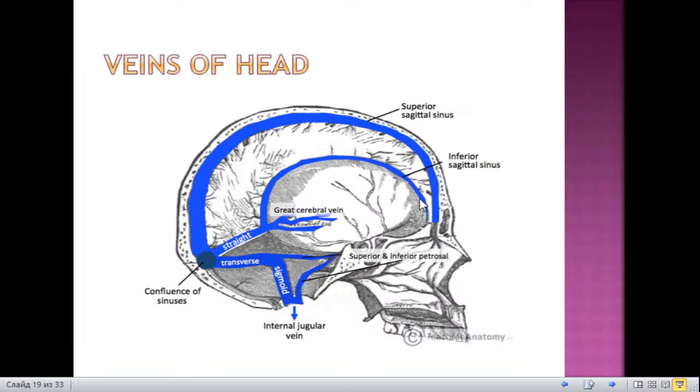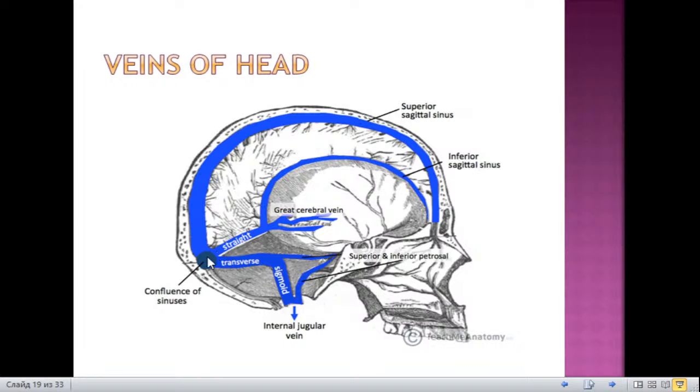After that, the inferior sagittal sinus repeats the shape of the superior sagittal, but it is much smaller, and it goes through the free edge of the falx cerebri. At the place where the falx cerebri crosses with the tentorium cerebelli, it unites with the great cerebral vein and drains into the straight sinus.